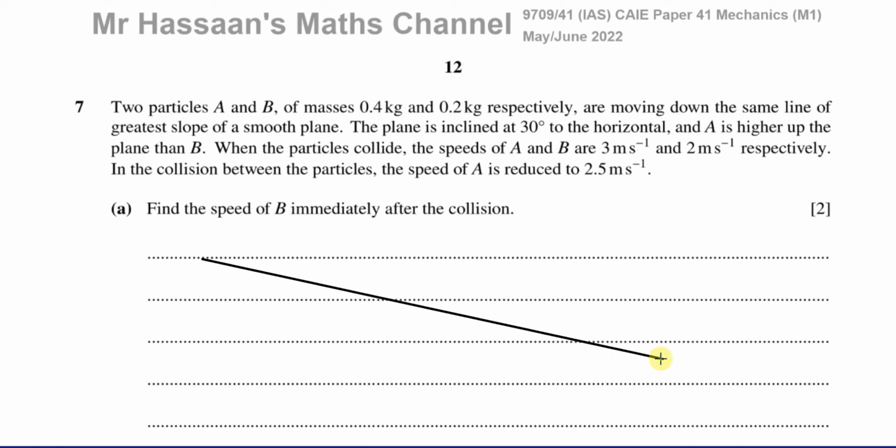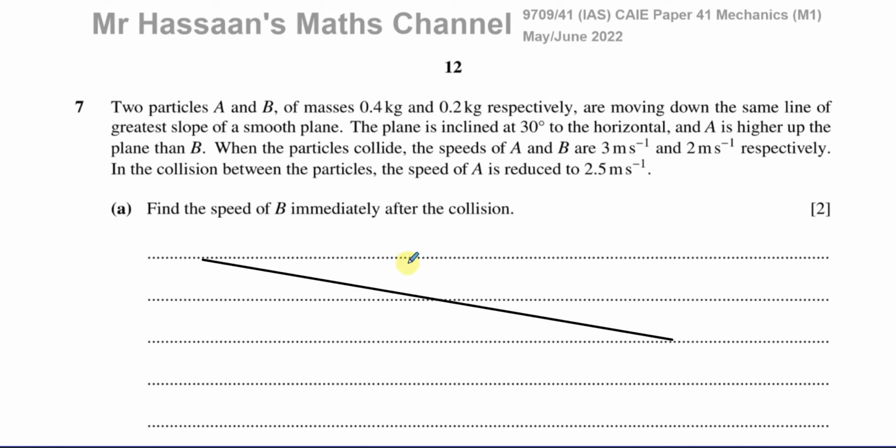Okay, so you've got this inclined plane, 30 degrees. I don't think we need to bother about that right now, but we've got A, which is higher up than B on the plane. Immediately before the collision, A has a mass of 0.4 kilograms and B 0.2 kilograms.